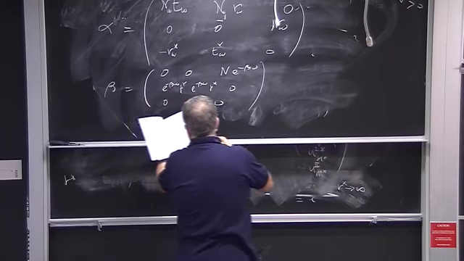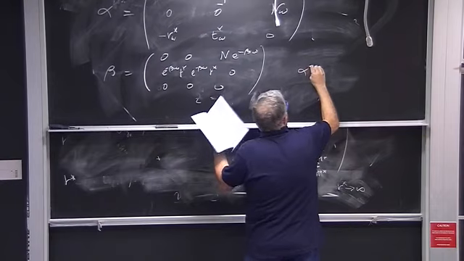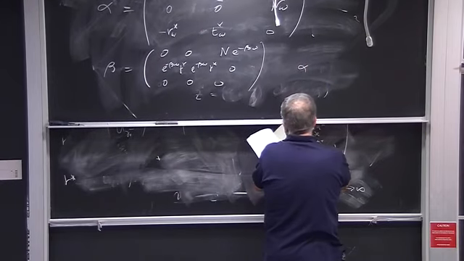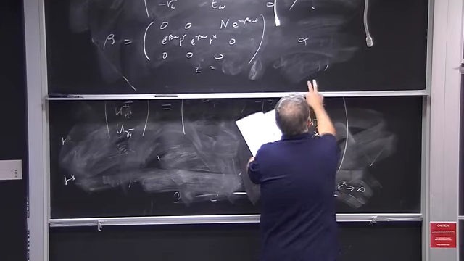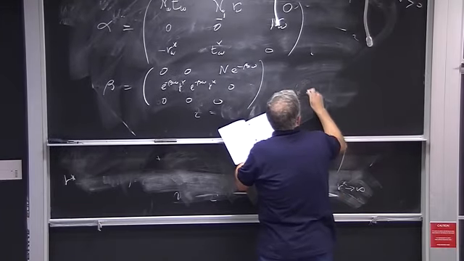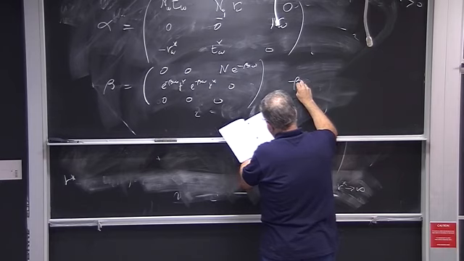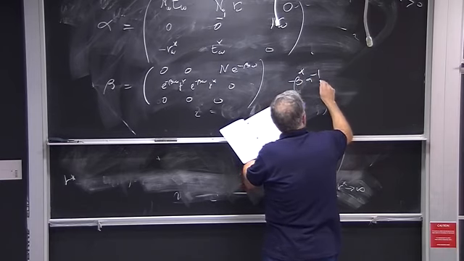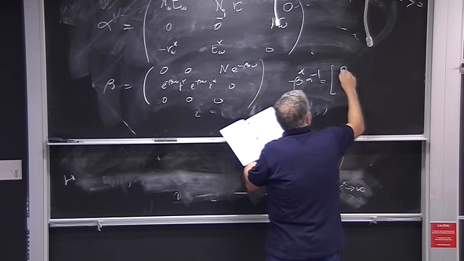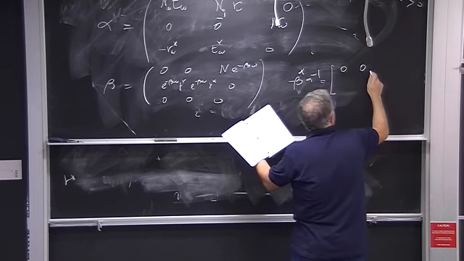In such a way that alpha inverse, the thing which is entering in the Bogoliubov transformation, the matrix minus beta star alpha inverse, is, as it should be, a symmetric matrix, you remember?